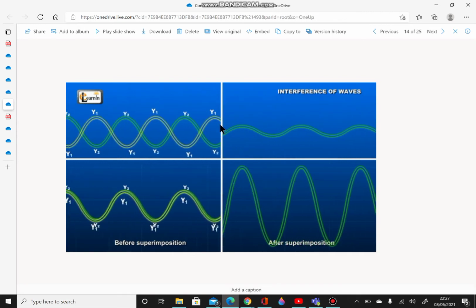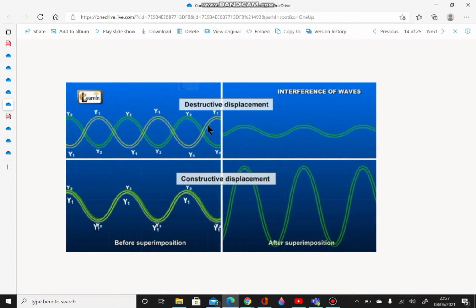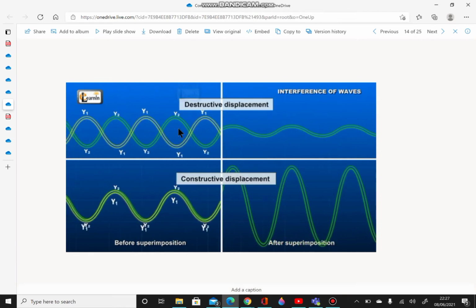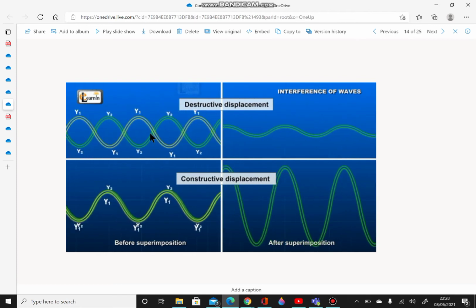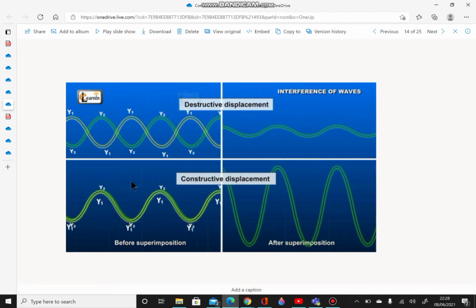So what we have to note in destructive interference is that the phase difference is in odd multiples of pi, because of which this phenomenon occurs.